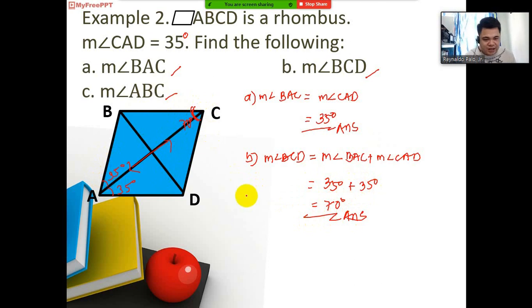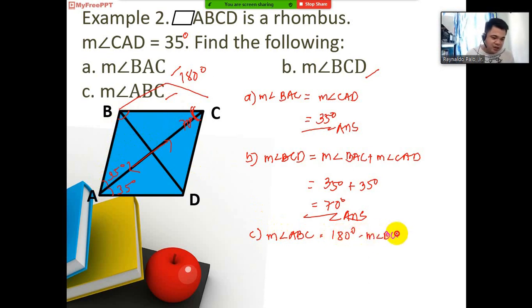Now let's have letter C. In letter C, we have to get the measurement of angle ABC. So this is angle ABC. We can apply the property of a parallelogram that consecutive angles are supplementary. So if we add angle B and angle C, we will get 180 degrees. To get the other measurement, angle ABC, just simply subtract 180 degrees minus the measurement of angle BCD.